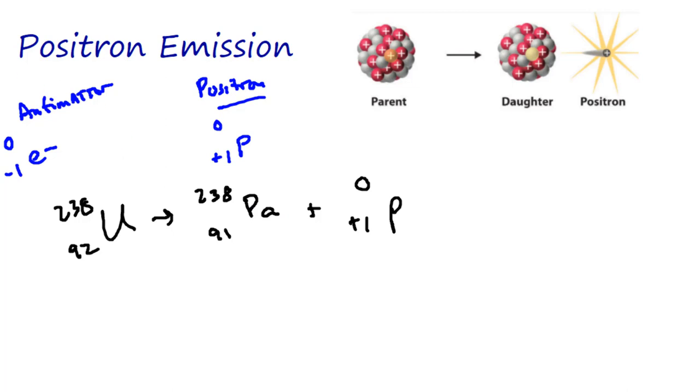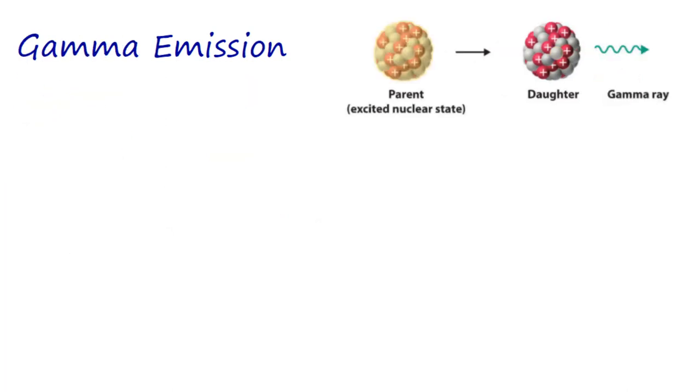Okay. Let's come to gamma emission. Now, gamma emission is the dangerous one. Yes, that is what made the Incredible Hulk green with purple shorts. Okay, I can draw a little bit of an Incredible Hulk here.